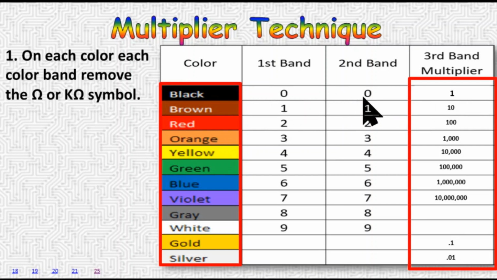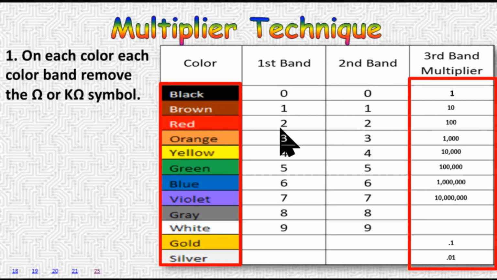So ibig sabihin, parang zero din yung value ng zero sa kanya. Sa brown, 1 ang numerical value niya, pero meron siyang isang zero. Okay? Yan yung pwedeng i-notice dyan na maging clue para magamit natin siya shortcut sa pagkuha ng multiplier.